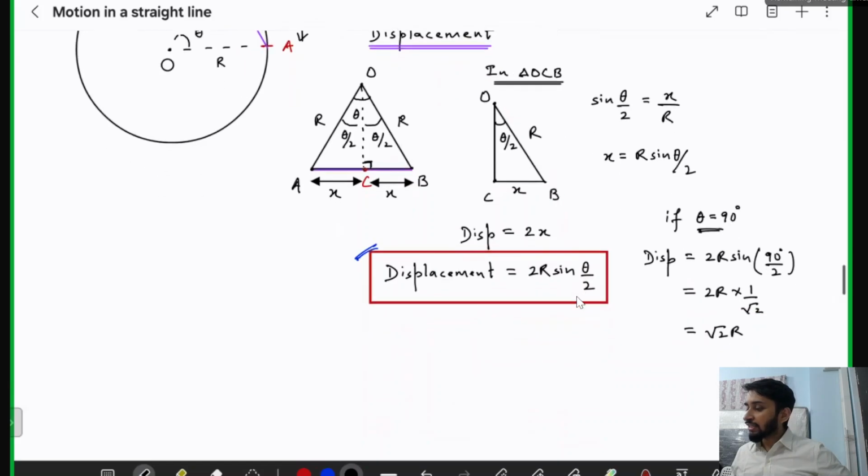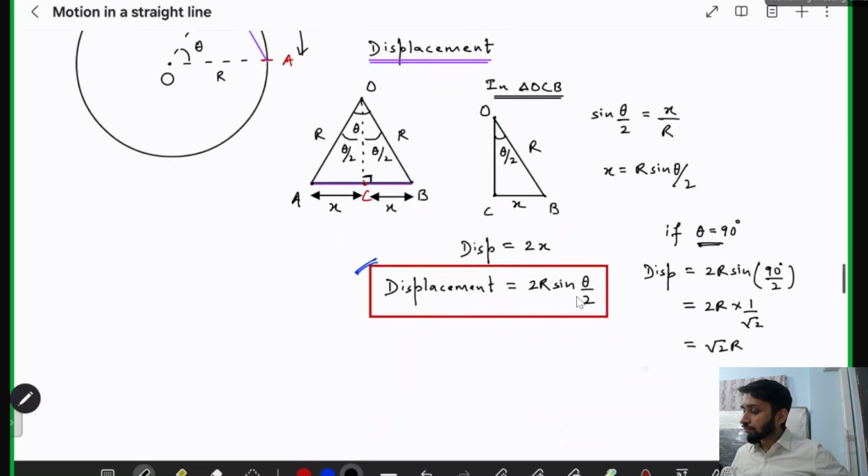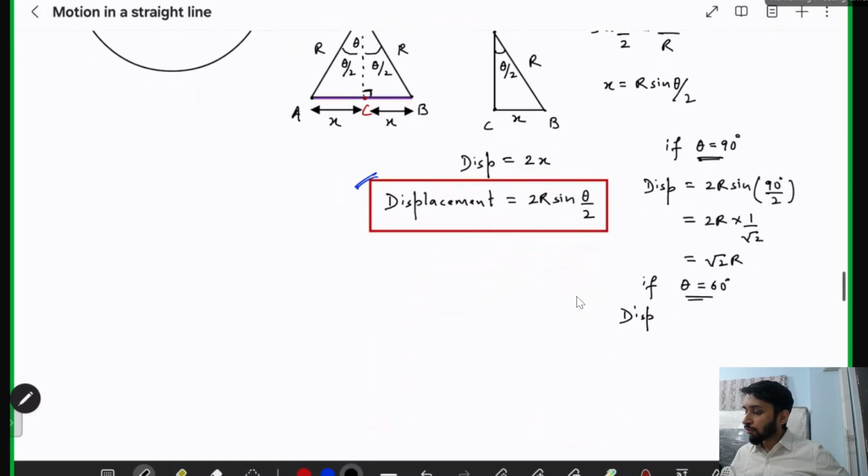And if theta is 60 degree, like we have seen in the second example, displacement will become 2r sine 60 degree by 2. 60 degree by 2 is basically 30 degree.